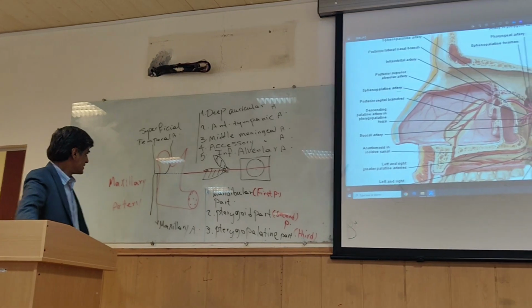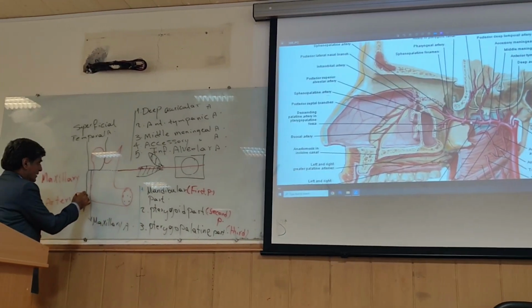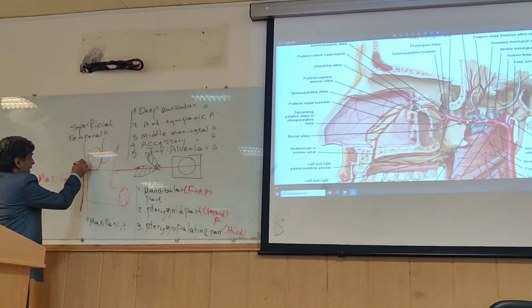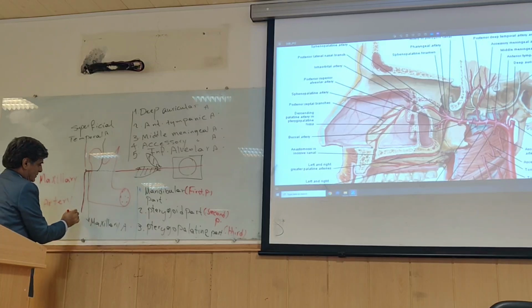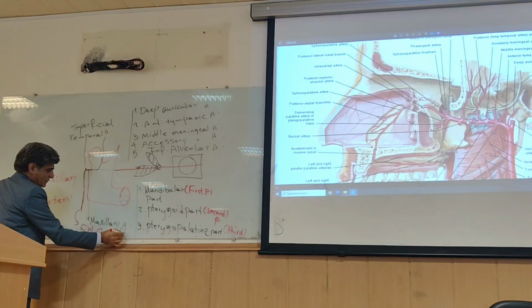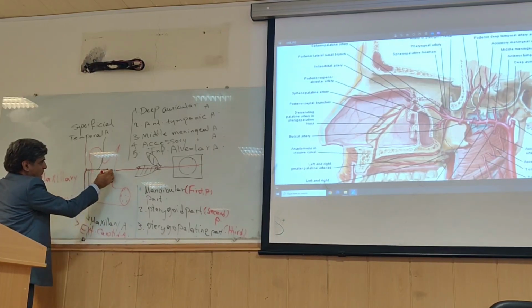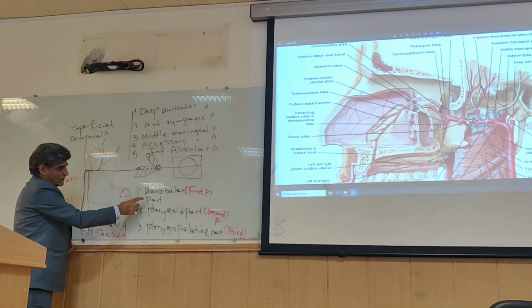The external carotid artery contains two terminal branches: the maxillary and the superficial temporal artery. The maxillary artery contains three parts. First part, related to the mandible.